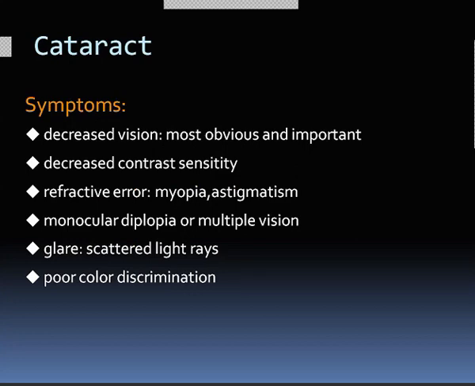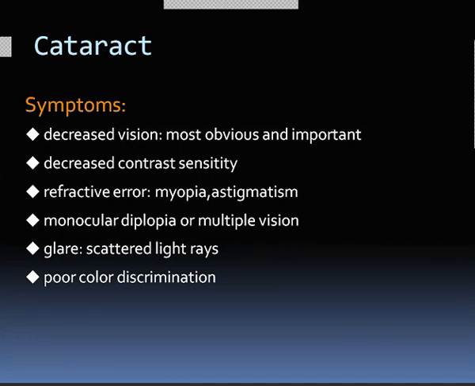Then what are the symptoms associated with cataract? The one function of the eye is visual function. So the main symptom associated with cataract is decreased vision. It is most obvious and very important also, because without vision the patient cannot survive in the world happily.